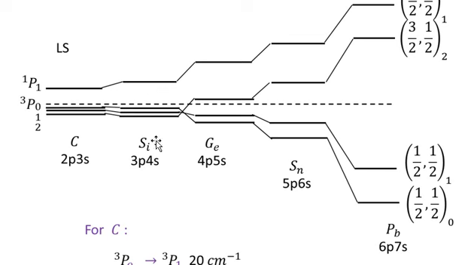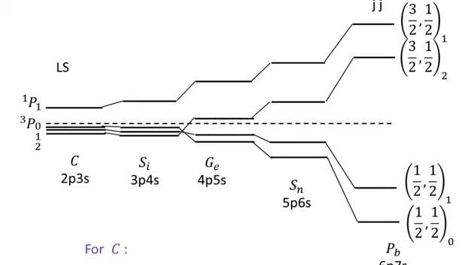Then you see that I have some types of intermediate coupling, and you can see how the levels will split in the intermediate coupling for the silicon. Then for the germanium, you can see there is a switch over of energies for the germanium atoms, that the levels have been switched over here. Then of course I have moved to the tin atoms, where the levels are further apart. And then for the lead atoms, the levels have the highest separation.